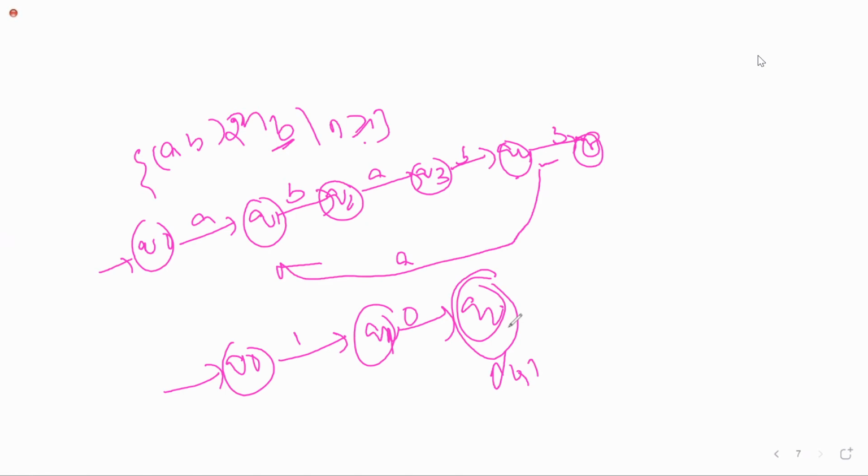Q0 to Q1 on A, and Q1 to Q2 on input symbol A. Then Q2? I'm confused, how to include A and B both? I'm not sure.